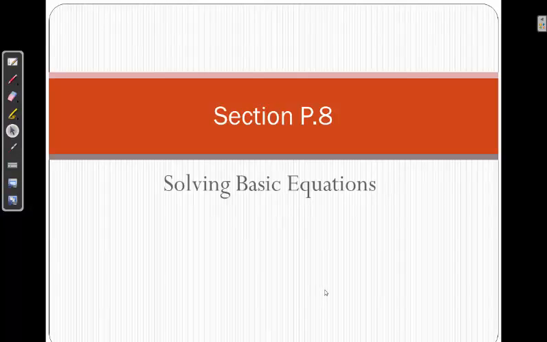In P8, we are solving basic equations. We've already done a tiny bit of this in the context of other problems, but here's our first real introduction to solving equations. And of course, we're going to be doing this all semester, because as anybody who's ever taken an algebra class will tell you, solving equations is a big part of the course.